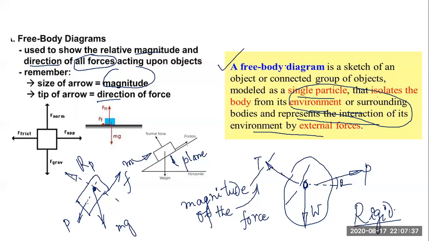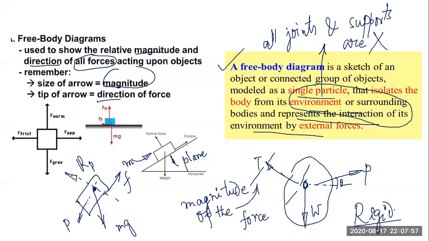So the meaning of the environment or surrounding is that all joints and supports are excluded.